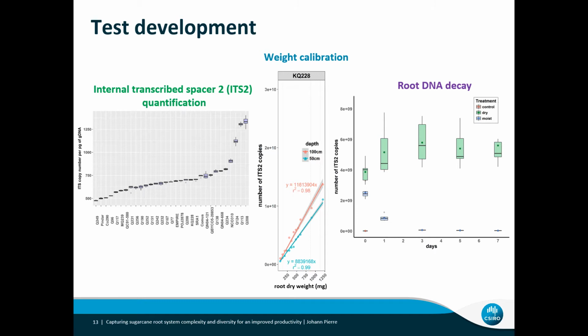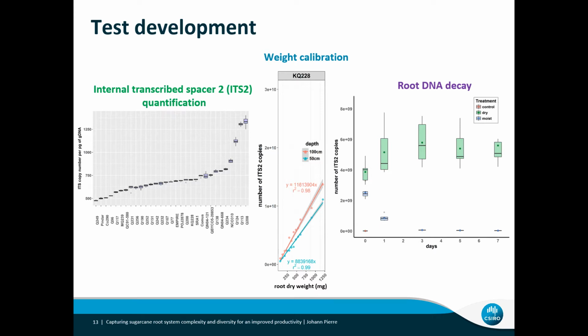Then we followed the root DNA decay after 1, 3, 5, and 7 days. As you can see, after 7 days, in the boxes in blue, there is only 1% of the original DNA that remains, while in the air-dry soil, the DNA did not degrade.